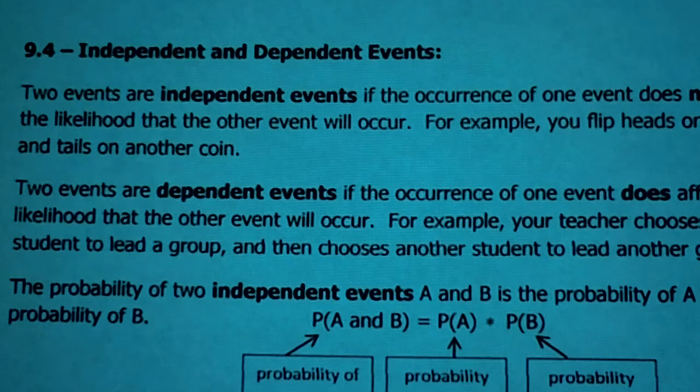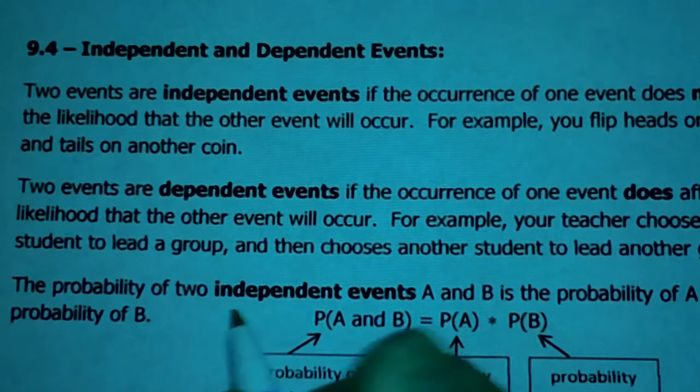So what you did the first time affected what happened the second time. So that's an example of something that's dependent. And we're going to learn how to calculate the probability of independent events and how to calculate the probability of dependent events. There are a few ways to do this. I'm going to focus on just one because this is the condensed version of probability.